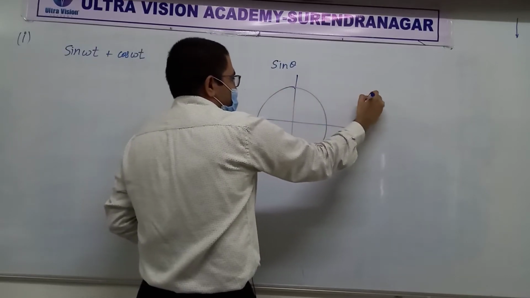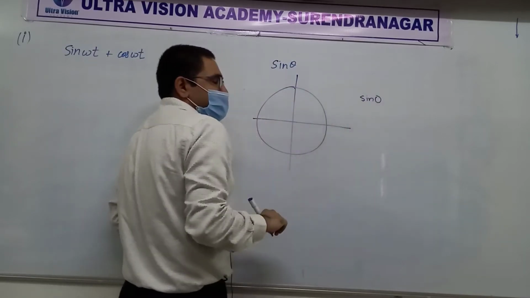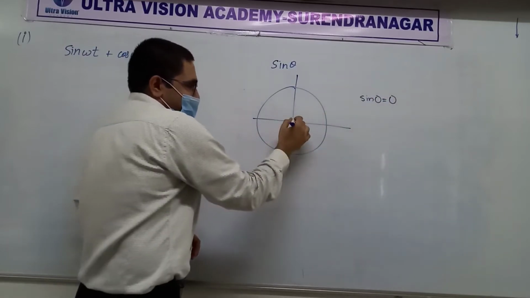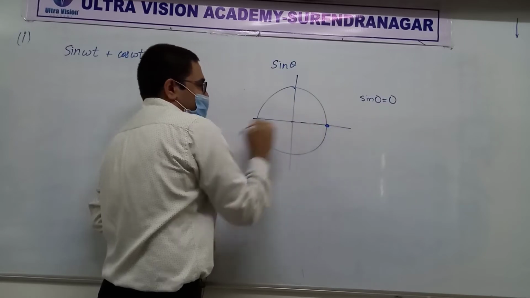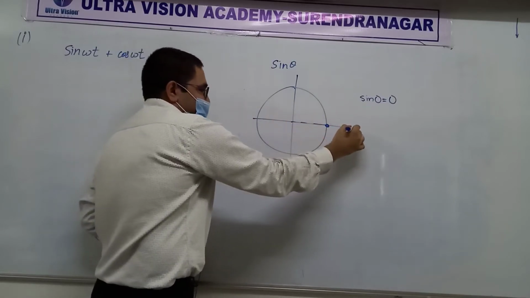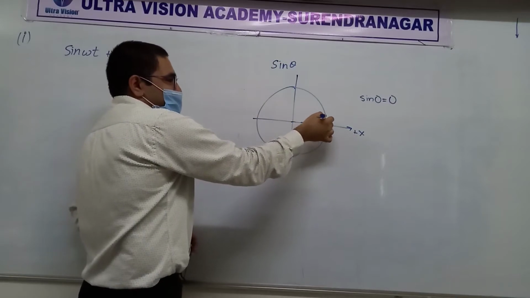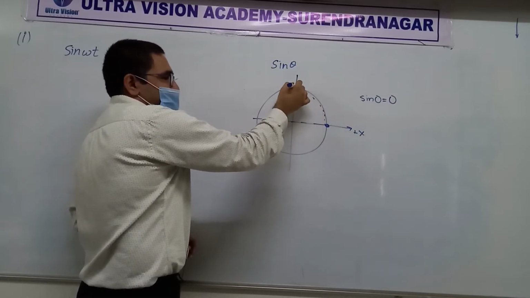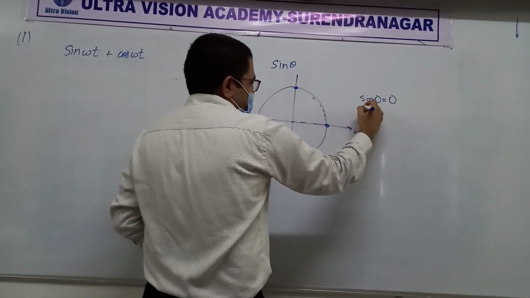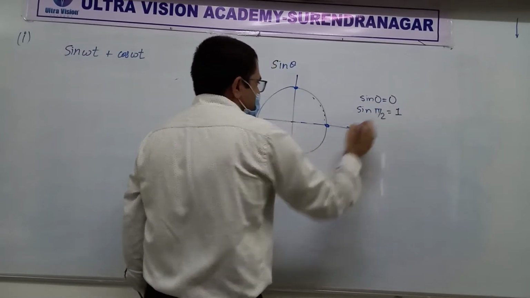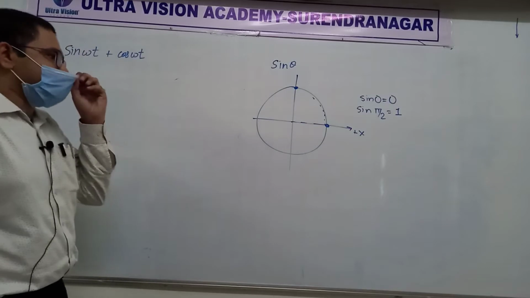Sine 0 is 0. That 0 angle is at this point. Hopefully you remember that we have to measure angle from the positive side. But gradually as you move towards this side, you are going to get 90 degrees or pi by 2. Instead of writing 90 degrees, you can write pi by 2.